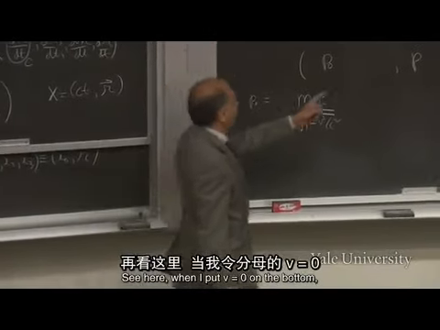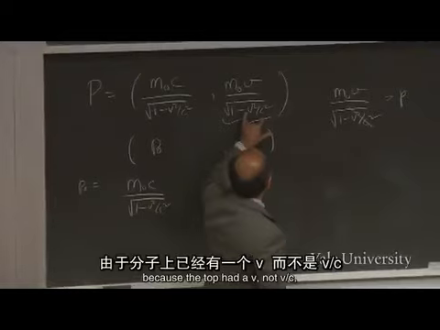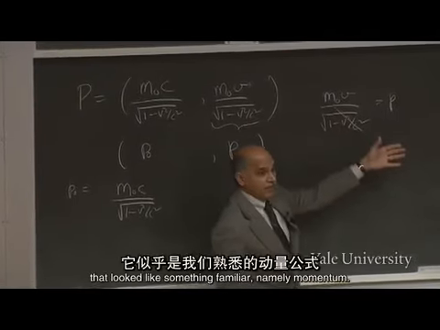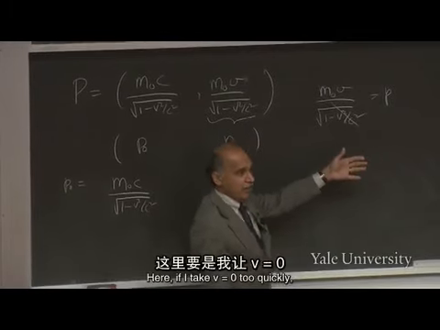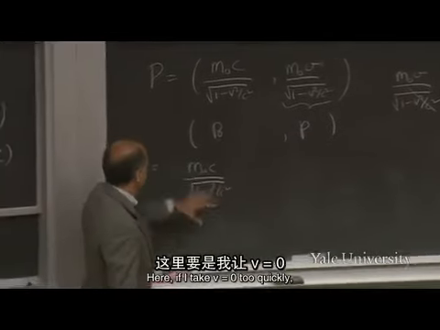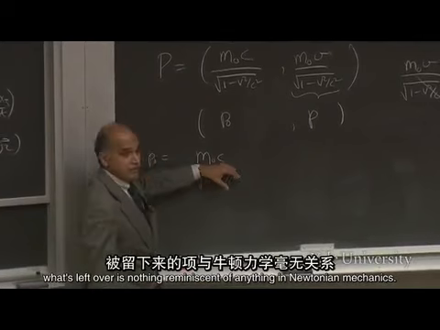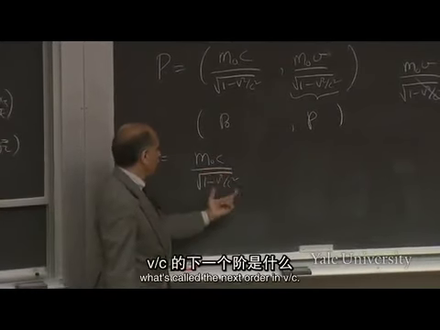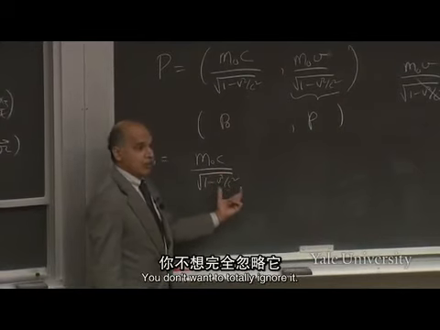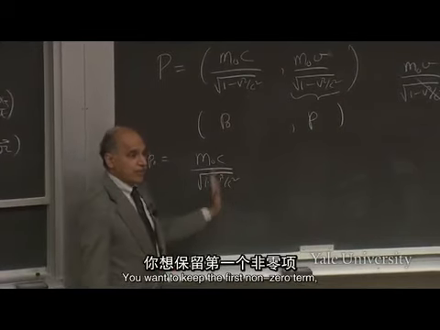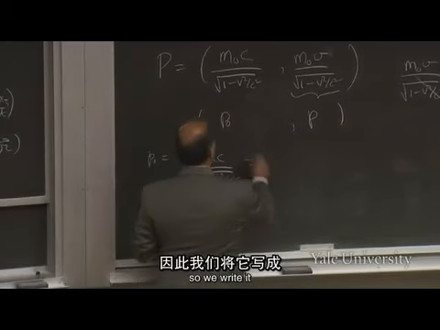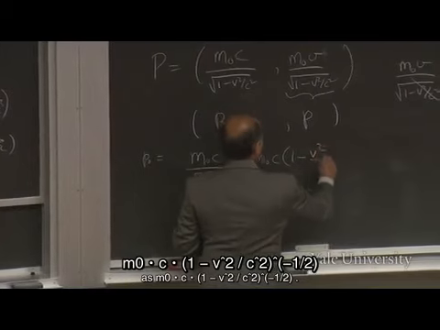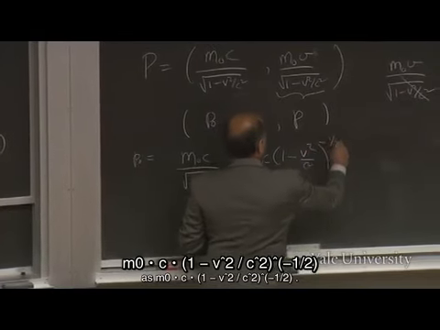See here, when I put v equal to 0 in the bottom, because the top had a v, not v over c, something was left over that looked like something familiar, namely momentum. Here, if I take v equal to 0 too quickly, what's left over is nothing reminiscent of anything in Newtonian mechanics. So you want to go to the next order in v over c. You don't want to totally ignore it. You want to keep the first non-zero term. So we write it as m0c times (1 minus v squared over c squared) to the power minus 1/2.